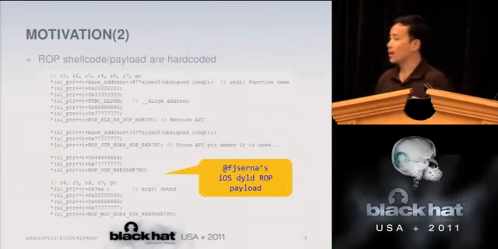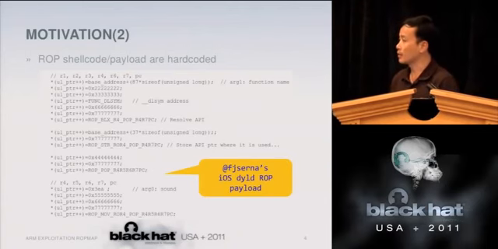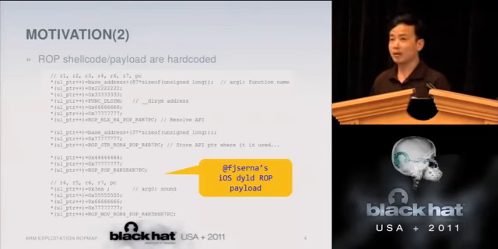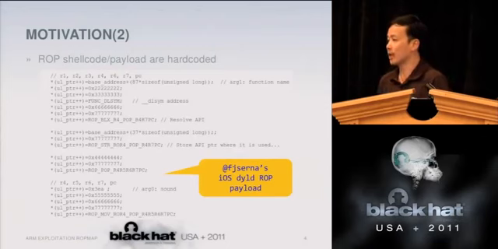The second problem we cover is about the ROP shellcode. If you have a chance to look at ROP shellcode or payloads from public exploits, like the Sayonara payload or the JailbreakMe payload, you see that all of that ROP shellcode and payload are hard-coded in terms of the instructions of the gadgets, the registers you're using, and the offsets.